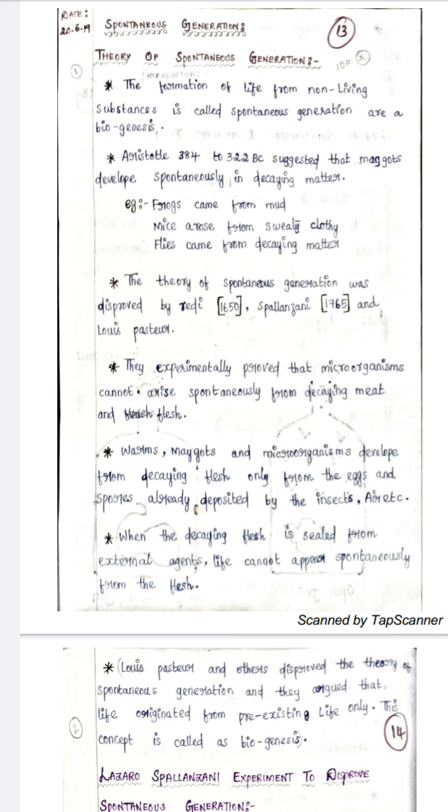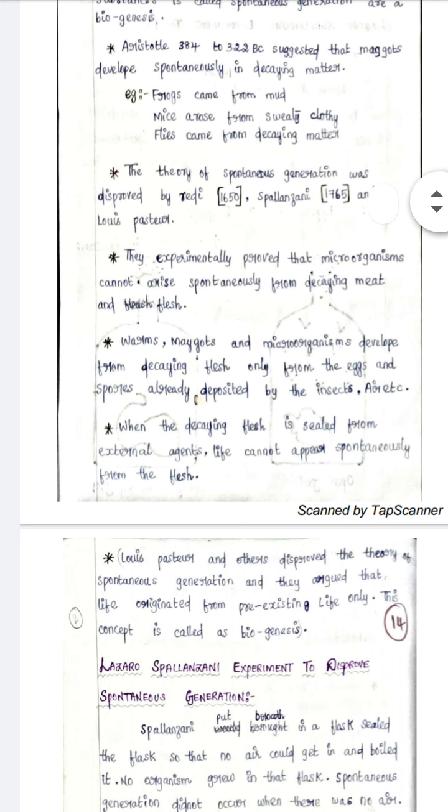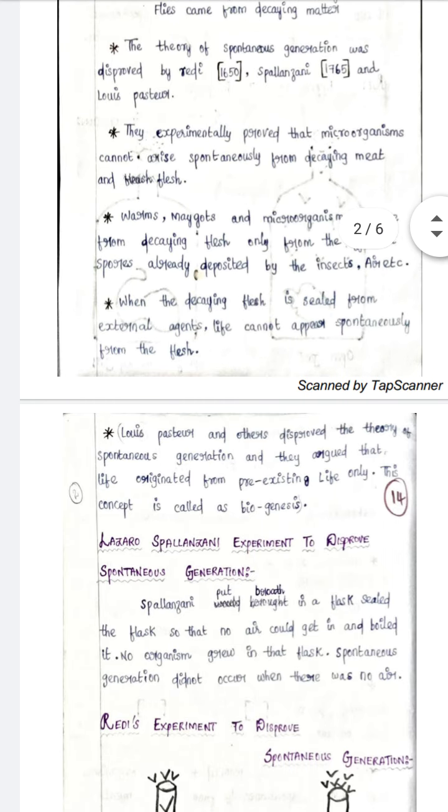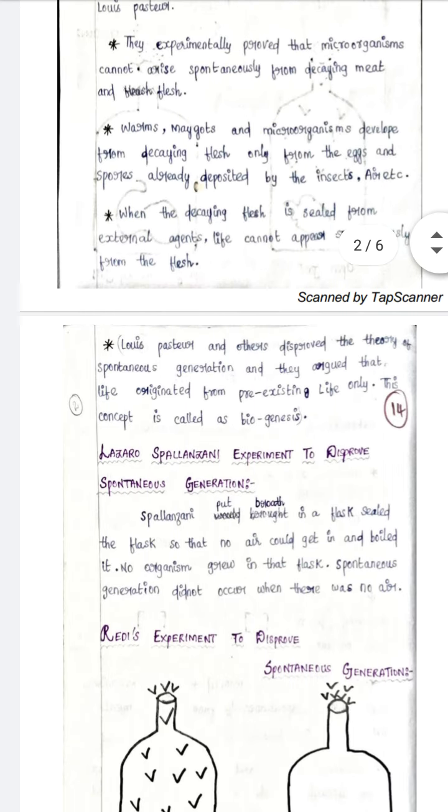But Francesco Redi, Lazzaro Spallanzani and Louis Pasteur disproved the theory of spontaneous generation, and they proved that life cannot appear spontaneously from flesh. They said that life originated from pre-existing life only, and this concept is called biogenesis.